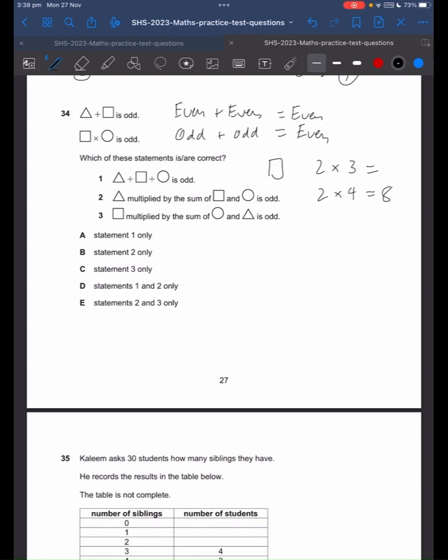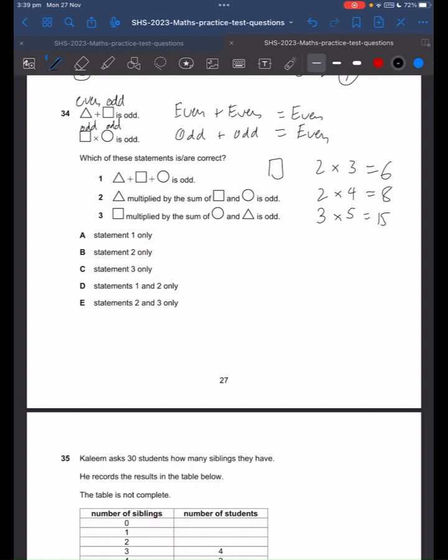An even number and an odd number will always also give us an even number. What if we have 2 odd numbers though? 3 times 5, for example. In that case, we get an odd number. So you know that both the square and the circle have to be odd. So this is odd, odd, odd, and this is even.